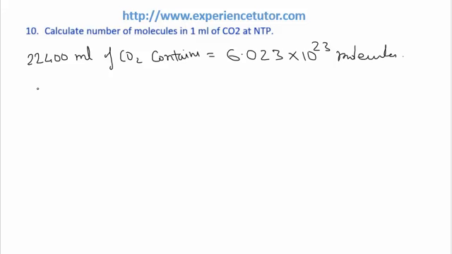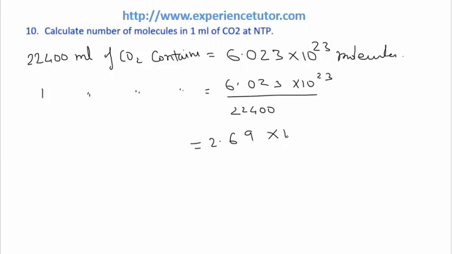Therefore 1 ml will contain 6.023 into 10 to the power 23 upon 22400, which is equal to 2.69 into 10 to the power 19 molecules.